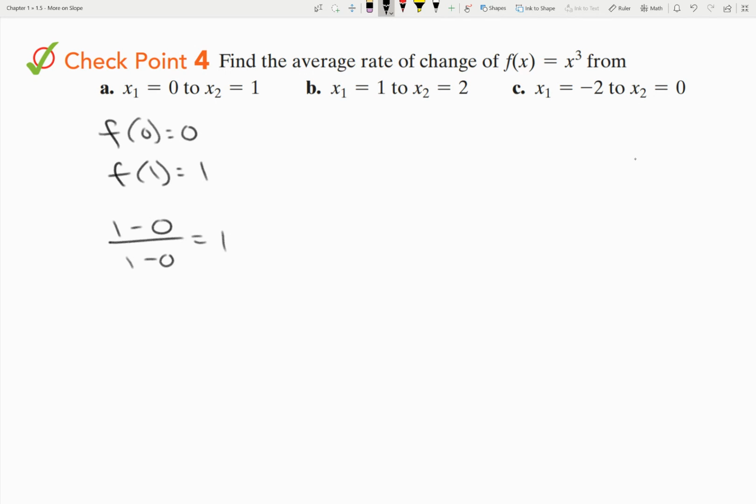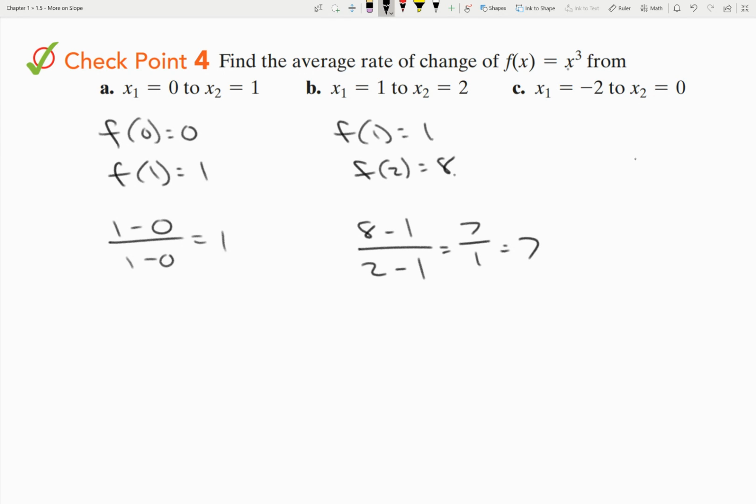For part B, we would have f of 1 would be 1, but f of 2 would be 8, right? Because we're plugging into x to the third power. So now f of x2 minus f of x1 over x2 minus x1 gives me 7 over 1, which is 7, so a much higher slope there.